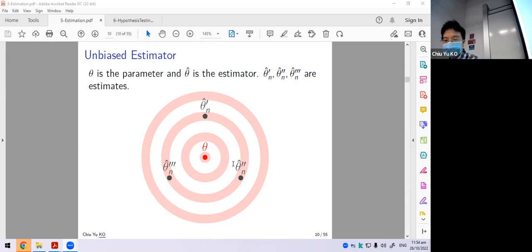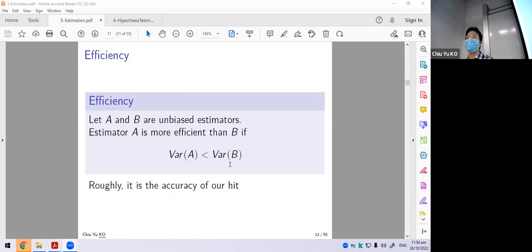Okay, so that's why we strengthen this idea while talking about efficiency, right? Efficiency means that compared among unbiased estimators, okay, look at unbiased. If one estimator is closer to what we want to measure, or closer to the target, that's more efficient, right?